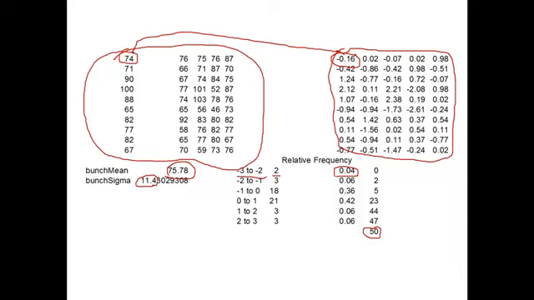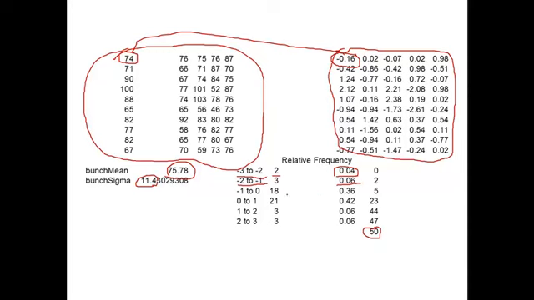So about 4% of my data had standardized score between -2 and -3. 6% was between -1 and -2, and so forth.